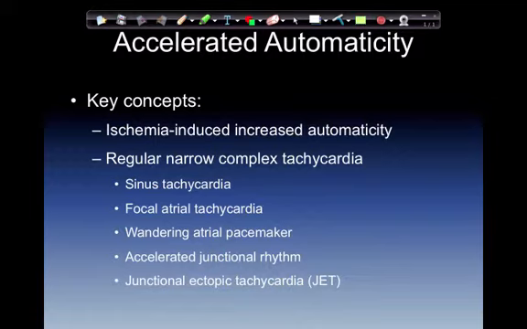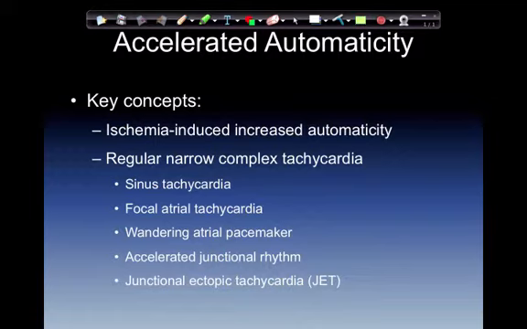So, key concepts. Ischemia-induced increased automaticity. The heart becomes hypoxic, and now the heart rate increases because it feels the hypoxia. It sends off the trigger: I need more blood supply. The easiest way to do that is to dump a little catecholamine. They're regular, narrow complex tachycardias.